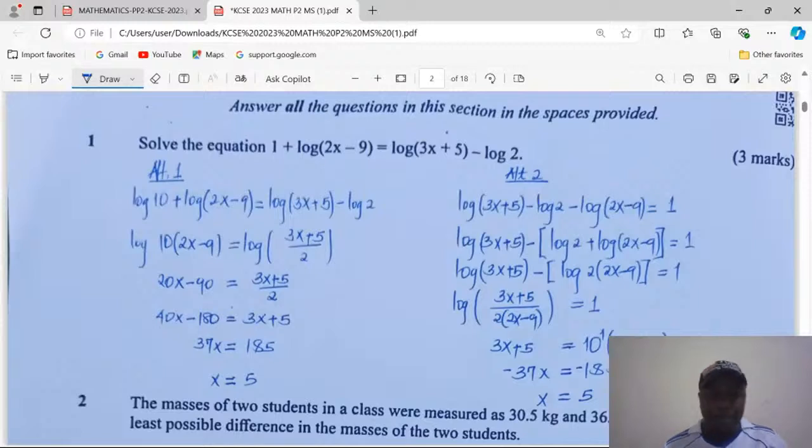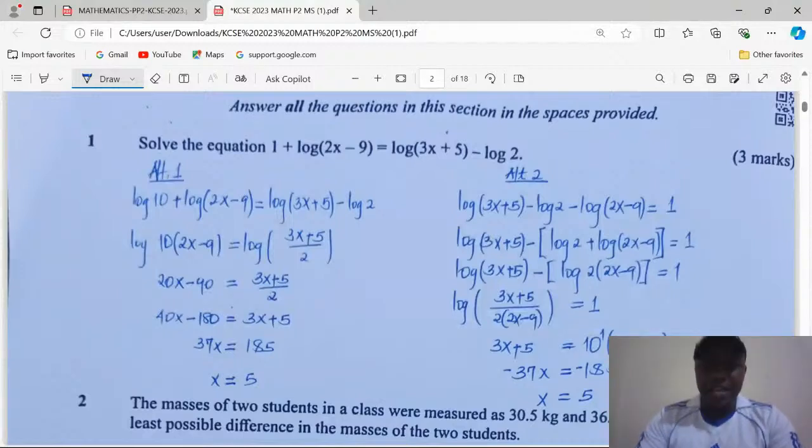Okay, we are solving a logarithm equation here. 1 plus the log of 2x minus 9 equals the logarithm of 3x plus 5 minus the log of 2.